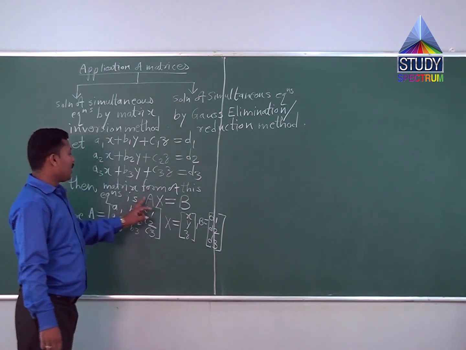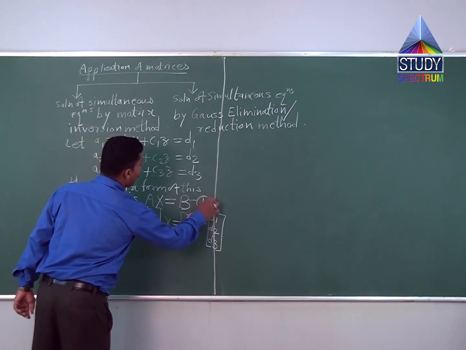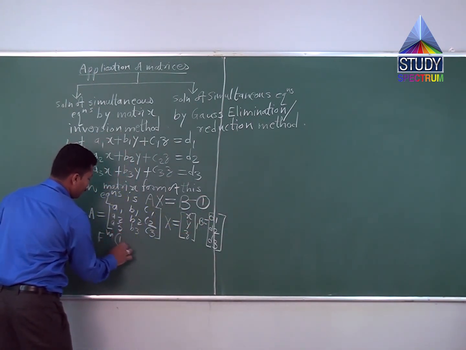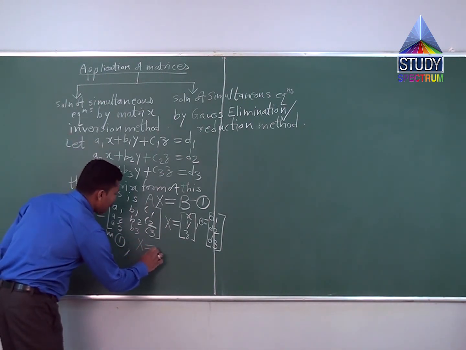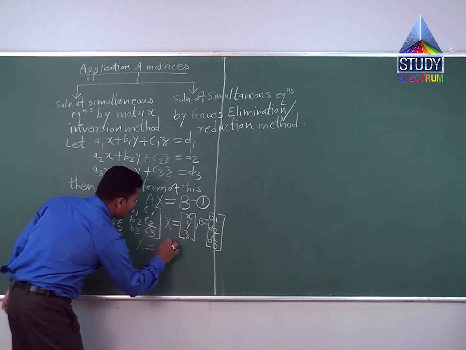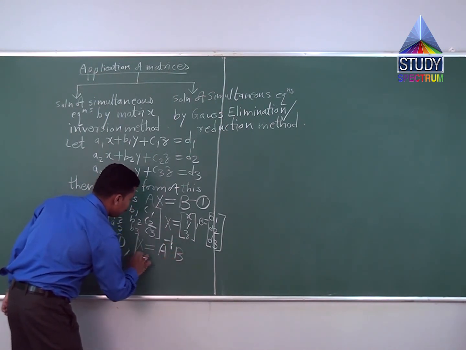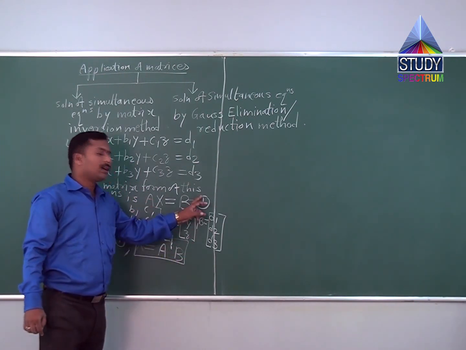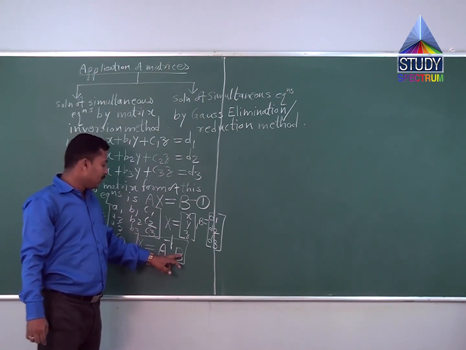So in this manner AX equal to B. Therefore from this equation 1, X equal to A inverse B. This A goes to the right hand side and becomes A inverse.